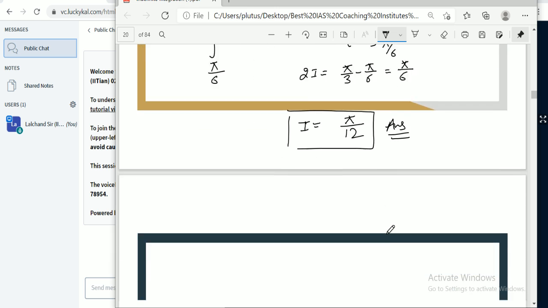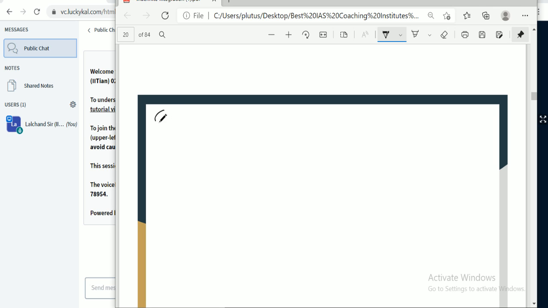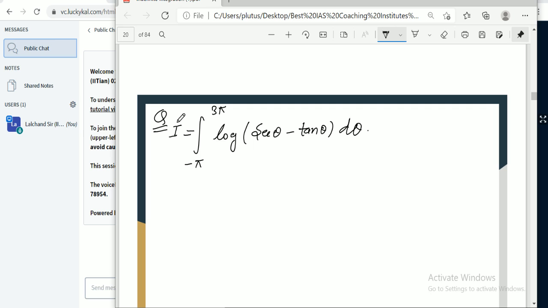Okay. Let us try to solve one more problem based on this. The question is integral from minus pi to 3 pi of log of sec theta minus tan theta d theta.